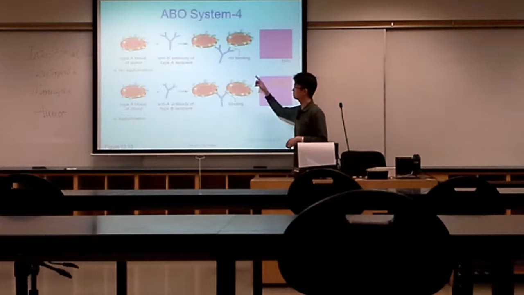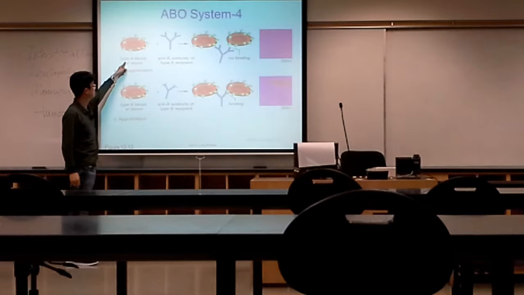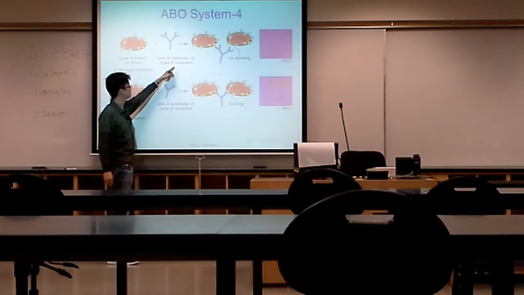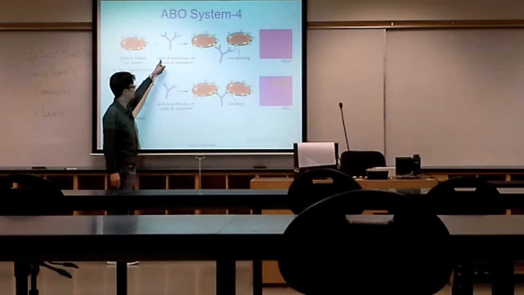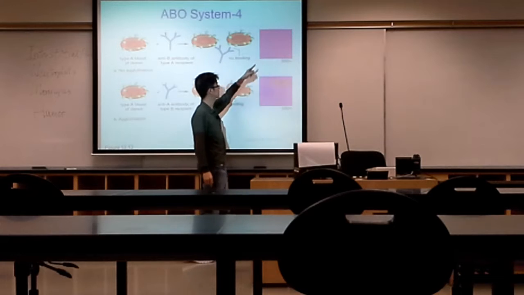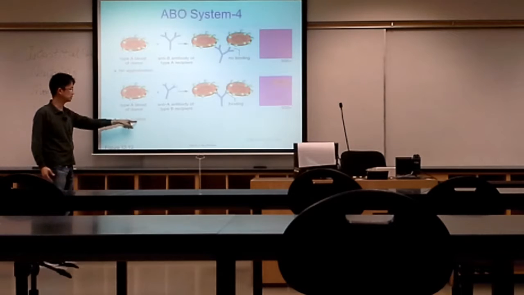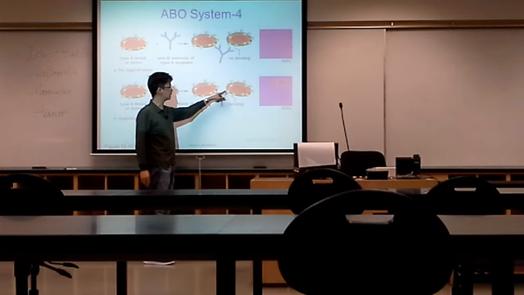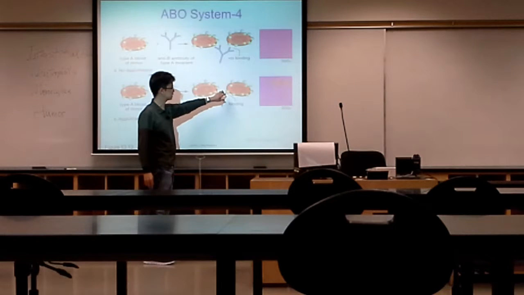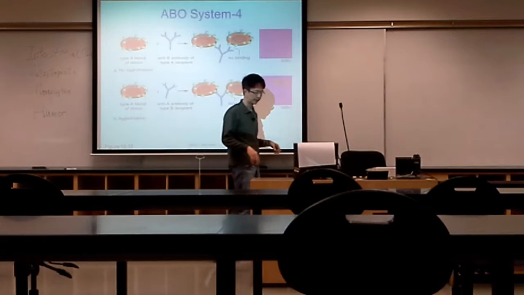If the blood transfusion is matched, say a type A blood recipient receives type A blood, it has the antibody B there, so there is no binding, and the blood looks like this. On the other hand, if the transfusion does not match and you have agglutination, the antibody will bind the antigen expressed on the blood cell, and you will clump the blood cells together. You will form this kind of, you can call it, a blood clot.